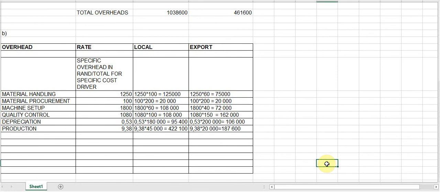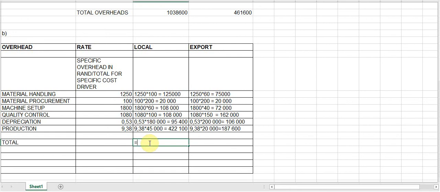Right, all that is left to do now is that we need to find a total. So for the total, I need to add up all the totals for local, and then for the total under exports, I need to add up all the totals for the export.